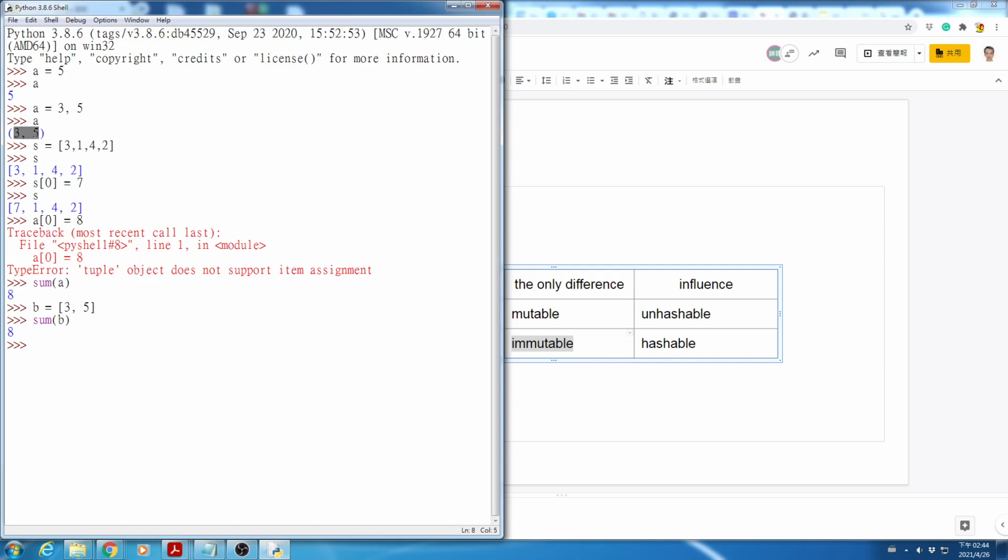Understand what I'm talking about? Just like a list. You can assign a tuple into a variable. If you want to assign a list or a tuple to a variable, that will be okay.